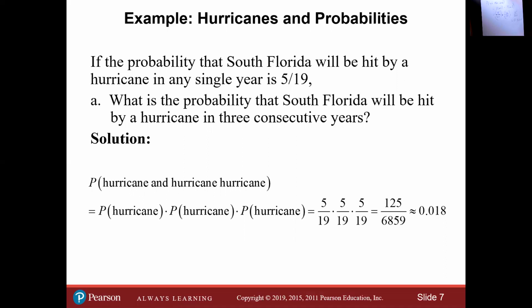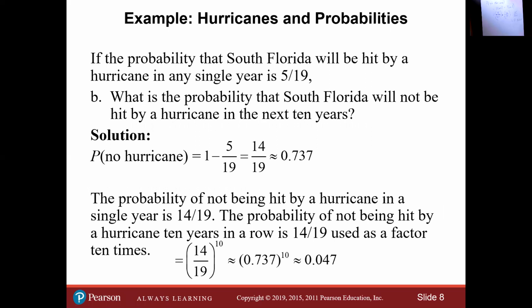Likewise, just because there wasn't a hurricane last year doesn't mean you're due to be hit this year. These are independent. So we simply take the probability of a hurricane in 1 year, 5 out of 19, and multiply it by itself 3 times. The answer is 0.018, or about 2%. So while hurricanes are bad, the odds of 3 happening in 3 consecutive years is pretty low.